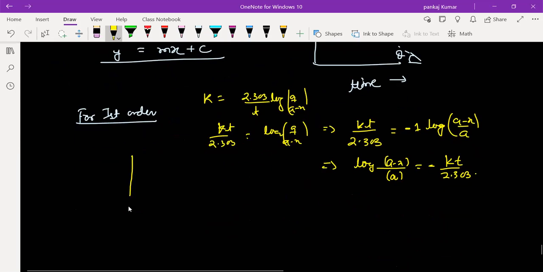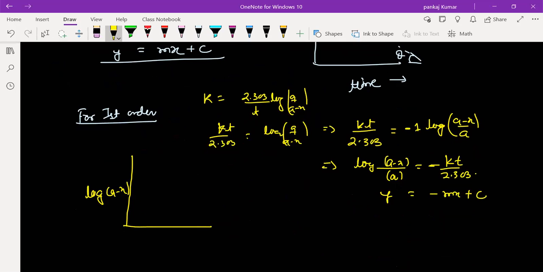So here if you plot the graph, this will be your log a minus x, and this k will be minus sign now. So y equal to minus mx plus c. So c will be log a. So you will get the graph going down, isn't it?